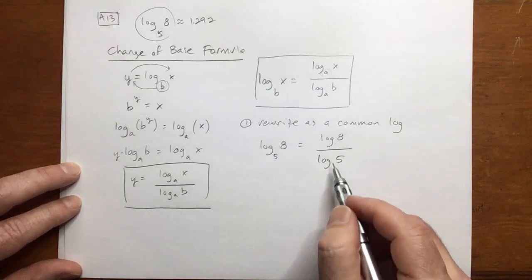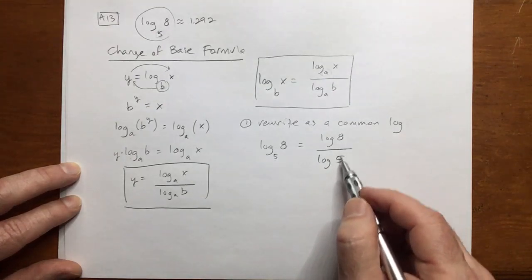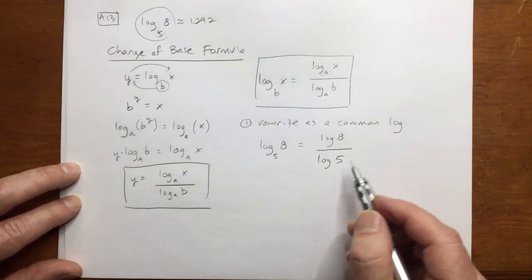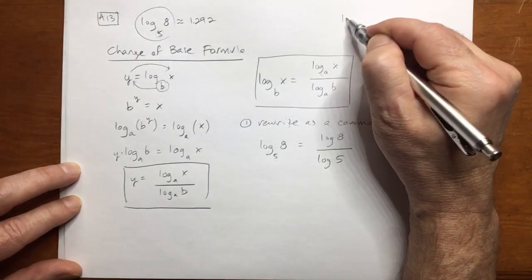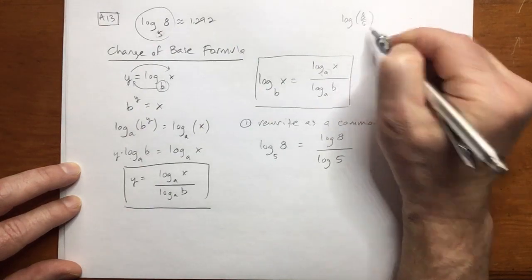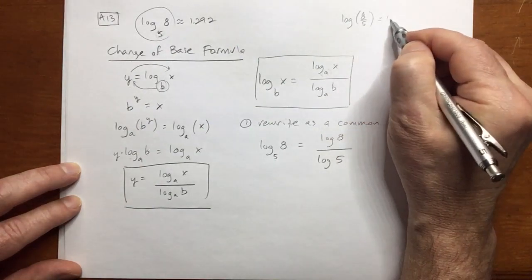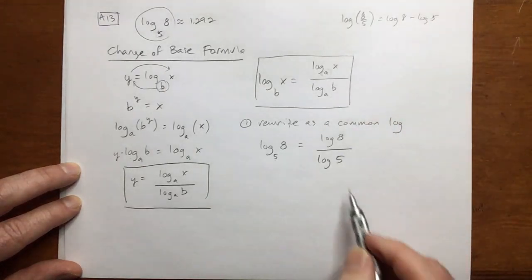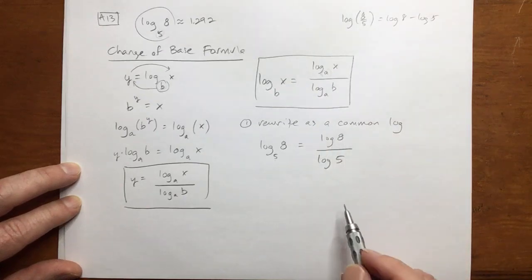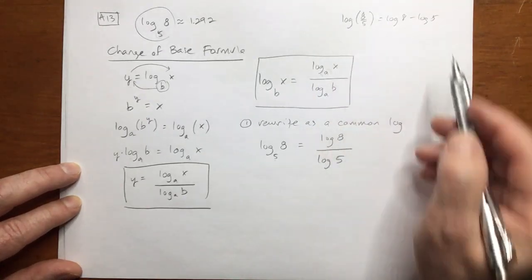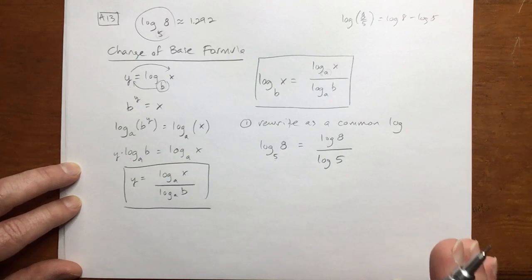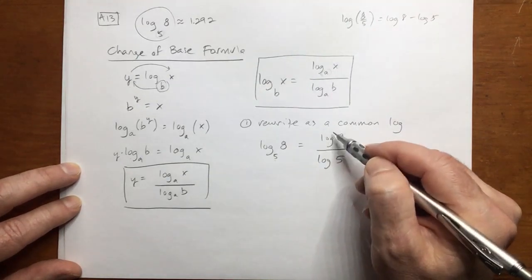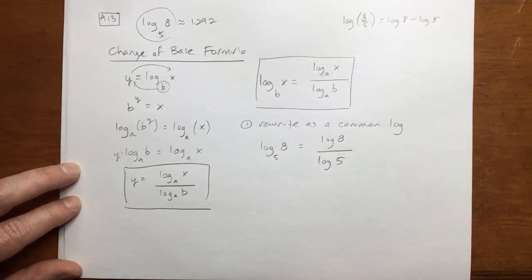This is not that property where you can now subtract these. Realize that that looks completely different. The division in that property occurs inside the logarithm. That would equal log base 10 of 8 minus log base 10 of 5. This is completely different, although that's a very common mistake that students make. Another common mistake is they get rid of the logs here. These cannot reduce, so do not get rid of them.